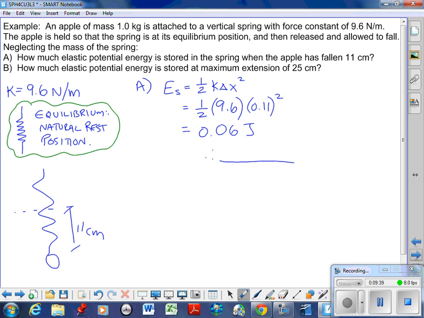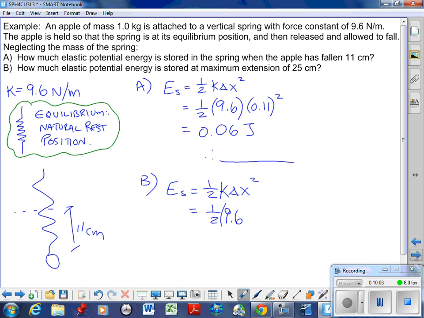All right, so that's how much energy is stored in that spring when it was extended that far, so not really that much. How much elastic potential energy is stored at maximum extension? So this spring, apparently the only elastic region is 25 centimeters. So if we stretch this spring right out to its max, how much energy does it store?